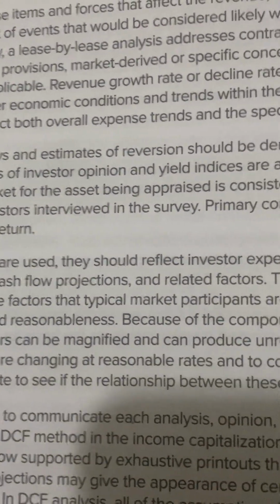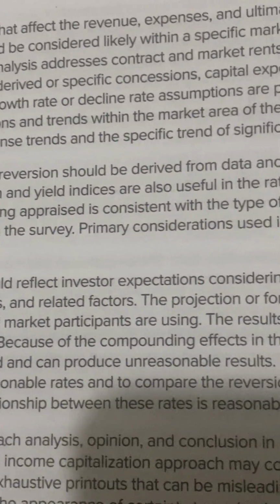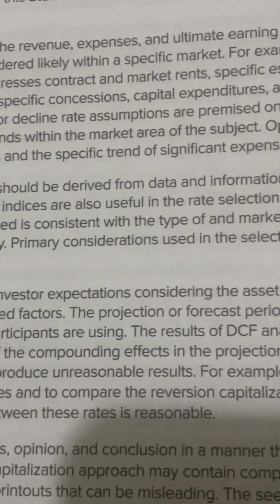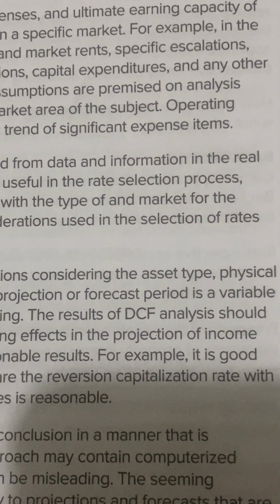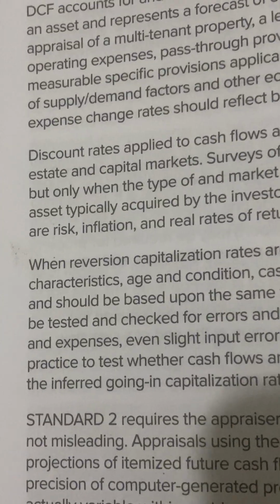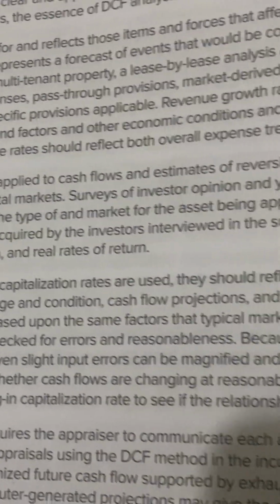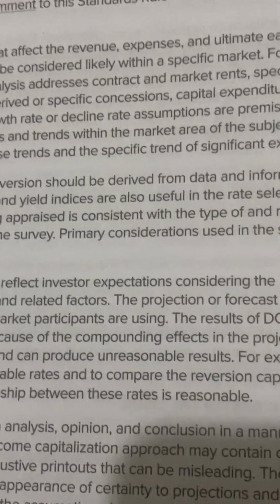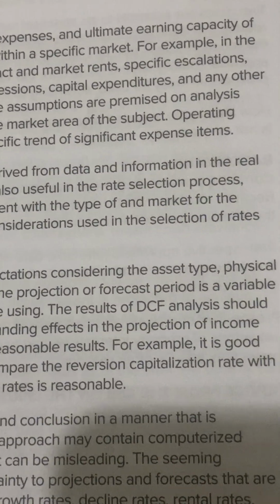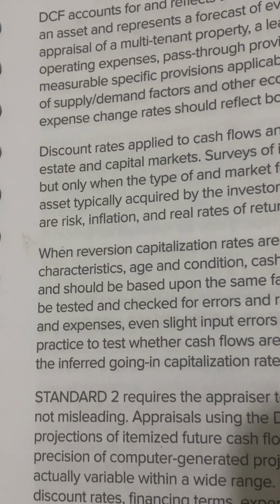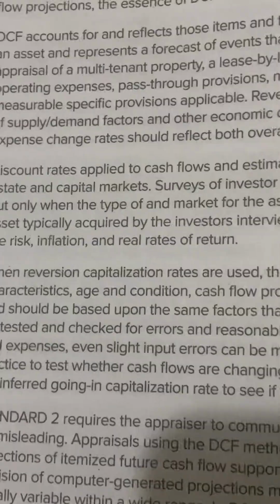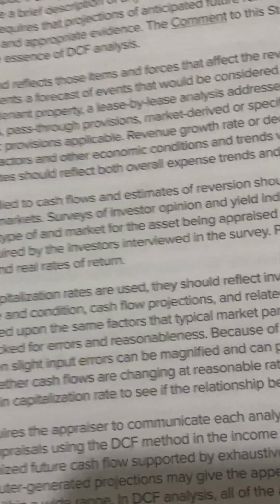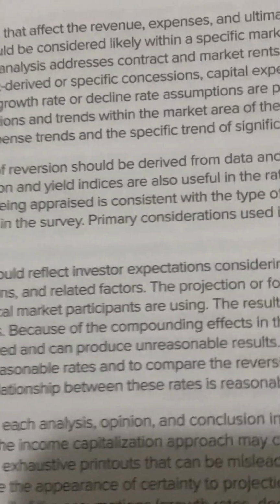Surveys of investor opinion and yield indices are also useful in the rate selection process, but only when the type of and market for the asset being appraised is consistent with the type of and market for the asset typically acquired by the investors interviewed in the survey.